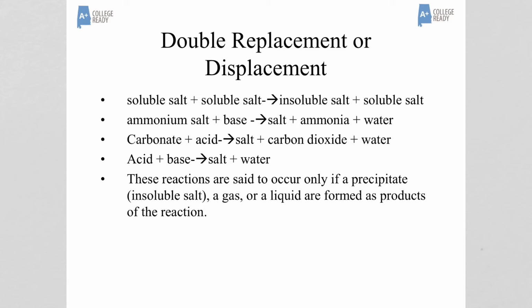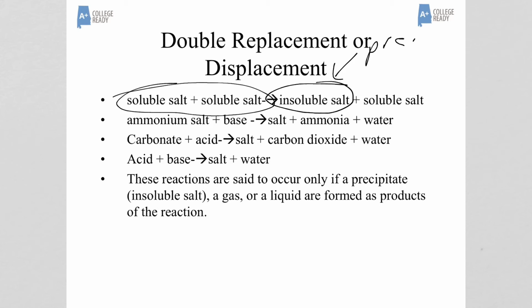So the next to last type of reaction we need to mention are called double replacement reactions. There's several things that can happen here. One case, we can have two soluble salts, two aqueous salts reacting together to produce an insoluble salt, a precipitate, plus a soluble salt.